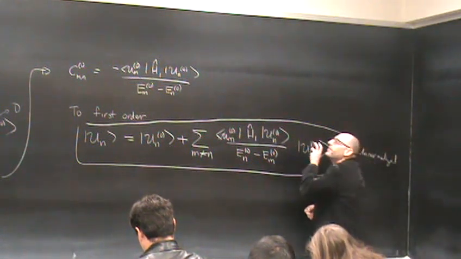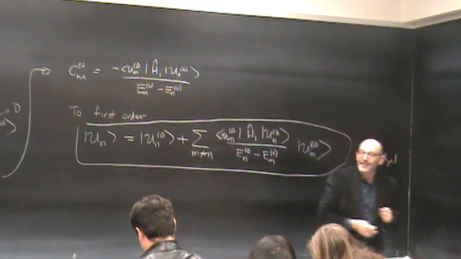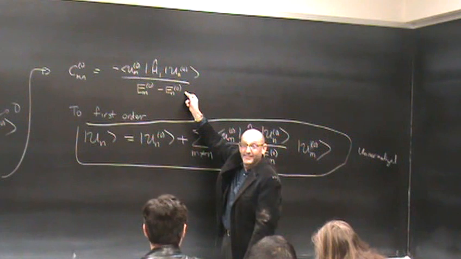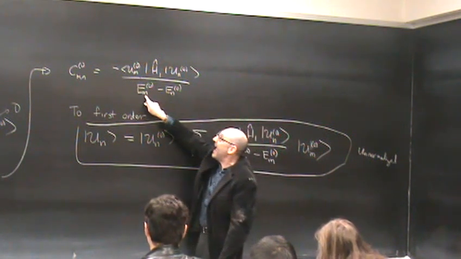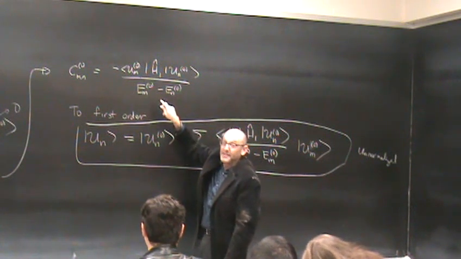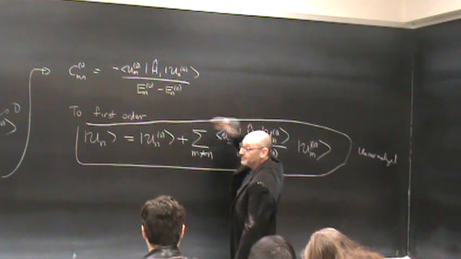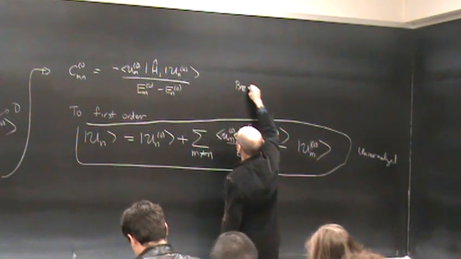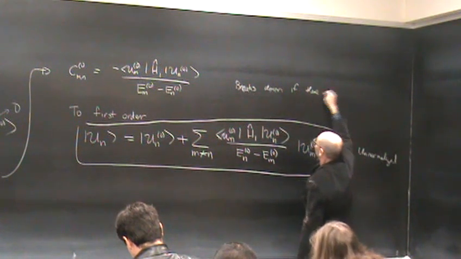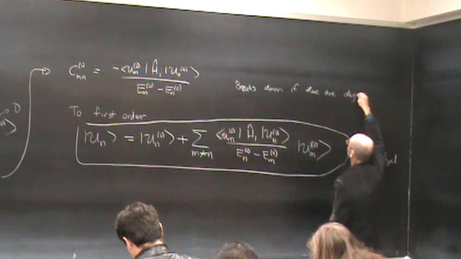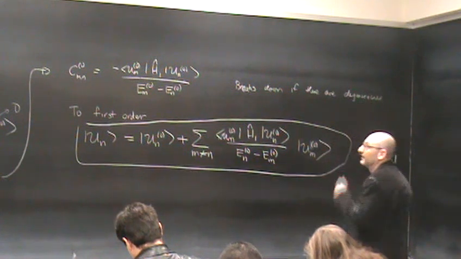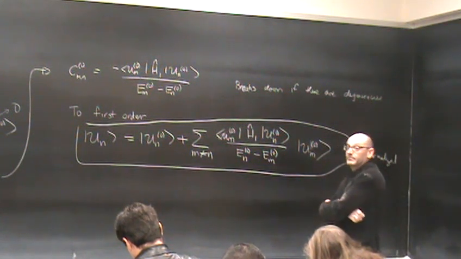So there's something else you notice. We assumed this was small. But if En is too close to Em, then this doesn't work. So firstly, this whole procedure breaks down if there are degeneracies. You say it breaks down if it has degeneracies, but then you also mentioned that even if it was close.